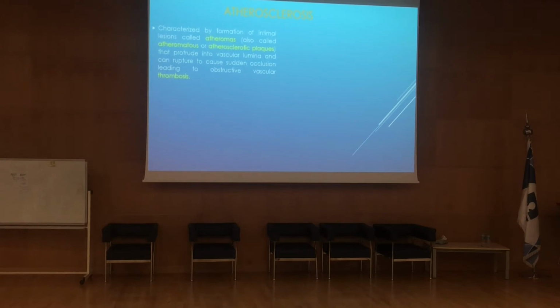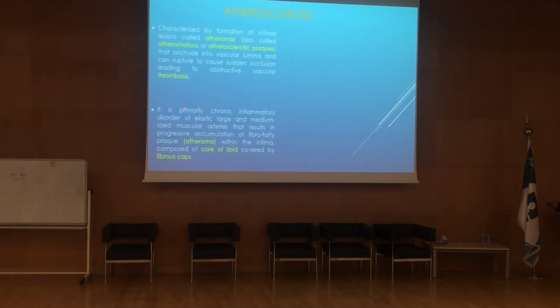Now they protrude into the vascular lumina and can rupture to cause sudden occlusion of the vessel and thrombosis. So not only is it coming up and occluding the vessel, but sometimes when it is ruptured, a thrombosis can come up.